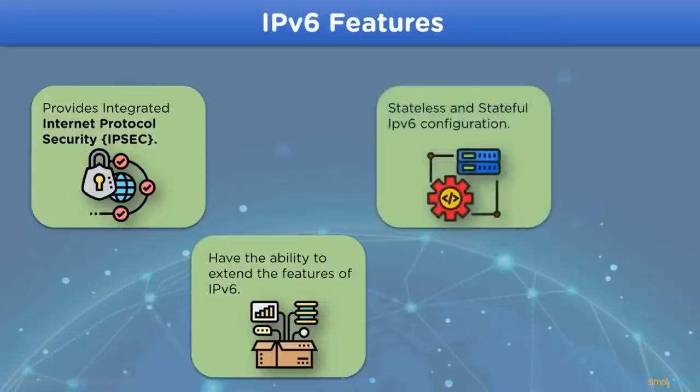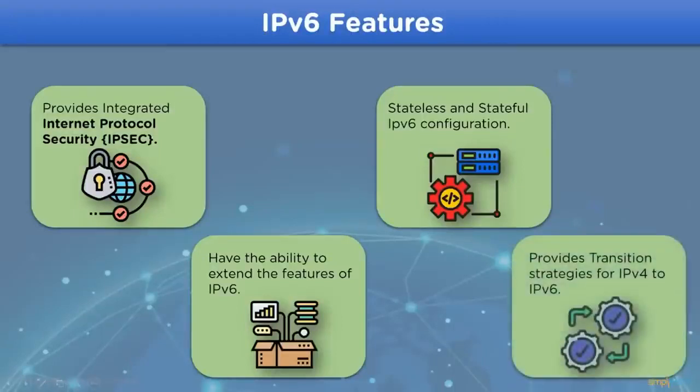It also allows address configuration through stateful, which uses a DHCP server for network settings, and stateless, which applies auto configuration settings. IPv6 addresses also allow some methods to convert IPv4 addresses to IPv6 addresses, according to the requirement of the host or the network.